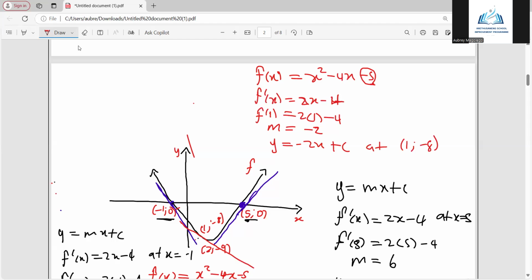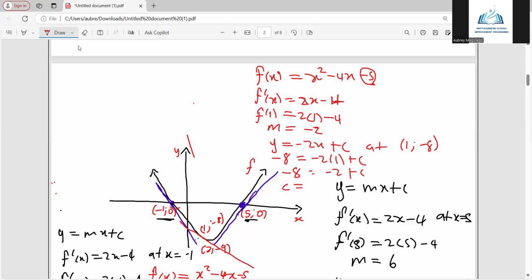So I have negative 8 is equivalent to negative 2 into 1 plus c. Then let us simplify. We have negative 8 is equivalent to negative 2 multiplied by 1 to give me negative 2 plus c. So what do I get as the value of c? I take negative 2 to the other side to be positive. I'm going to have negative 8 plus 2, which is negative 6.